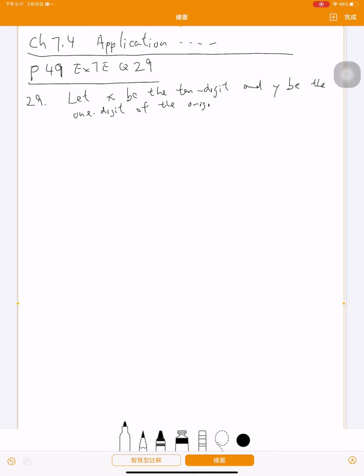Sorry, original integer. The question uses the term integer, so I follow it. And then we can now write down the simultaneous equations. First, the sum of the digits, that means x plus y, is 14. So that's easy, right?